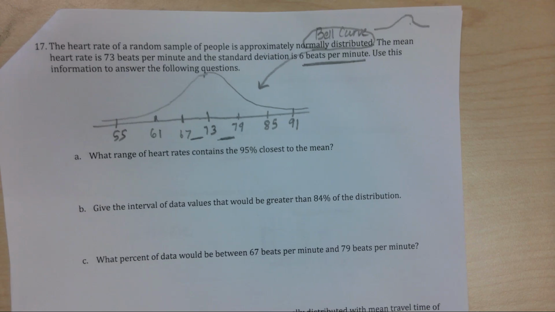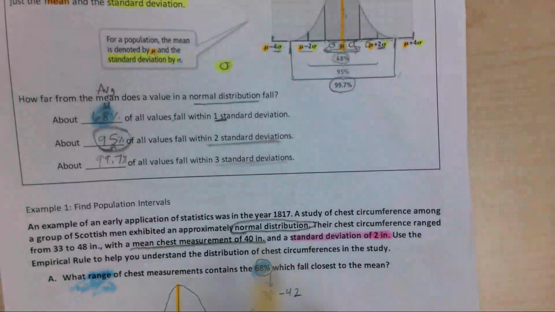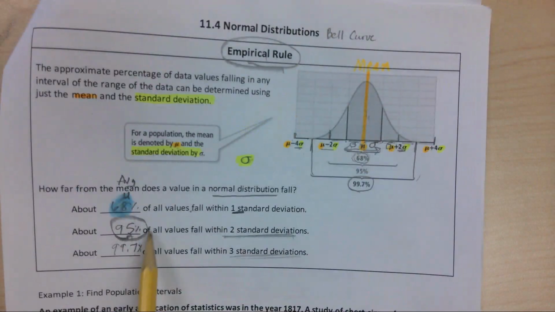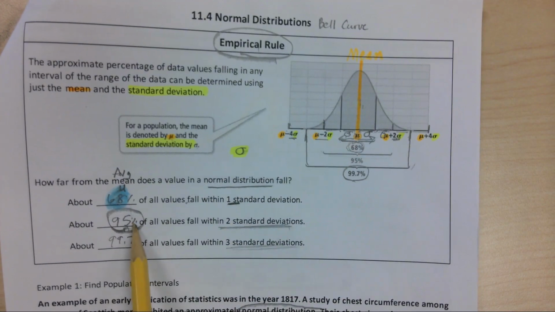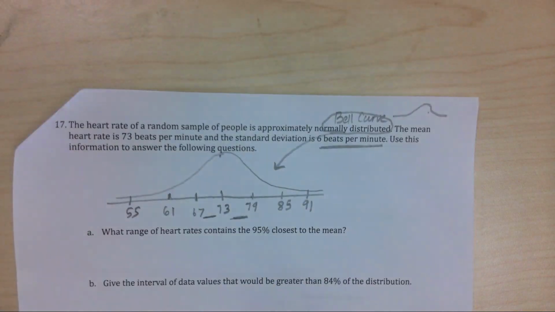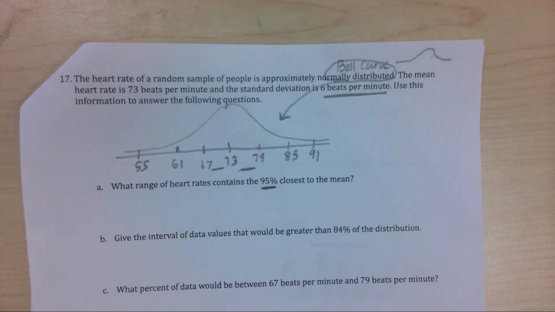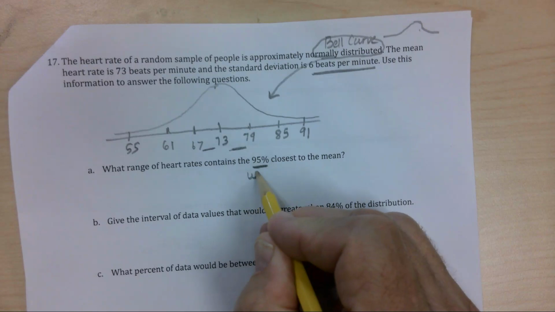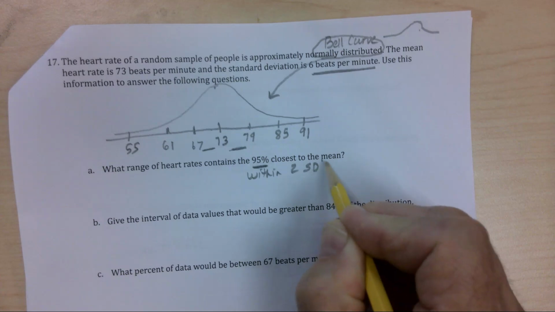Well, if you recall, let me stop this a second. All right, so what I wanted to refresh your memory about was this truth about the bell curve. 95% of all values fall within 2 standard deviations. So you can tell they want you to remember those specific things, and that it comes within 2 standard deviations.